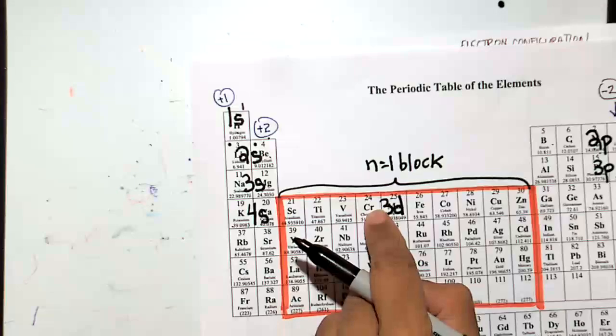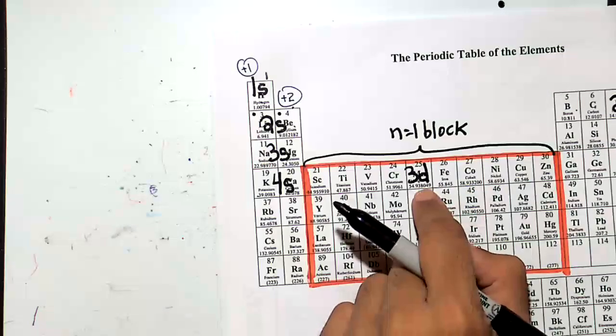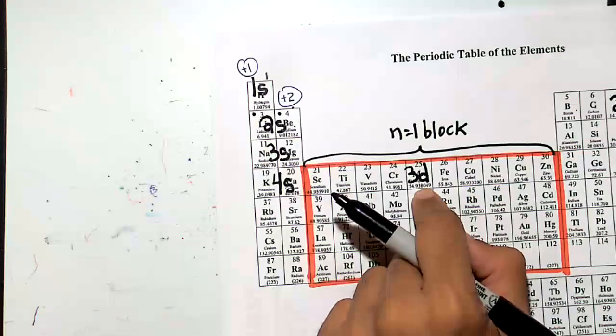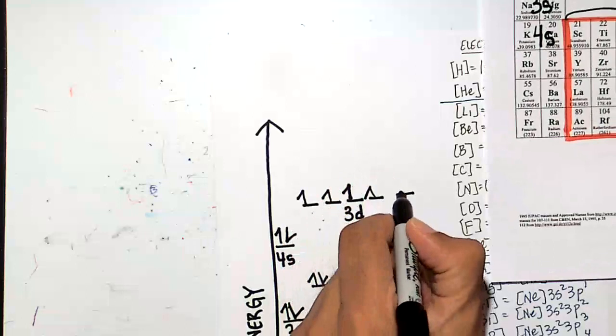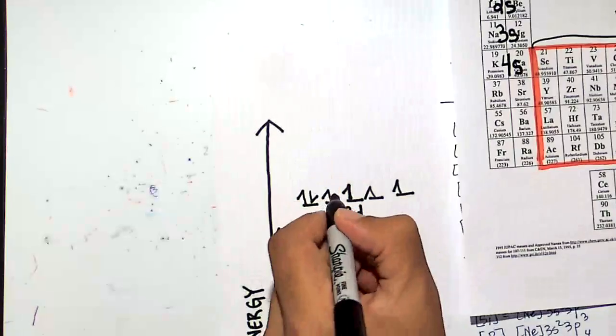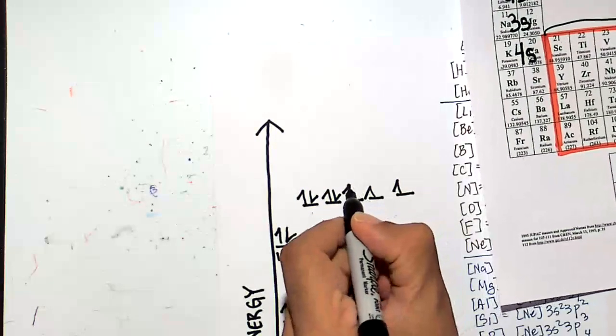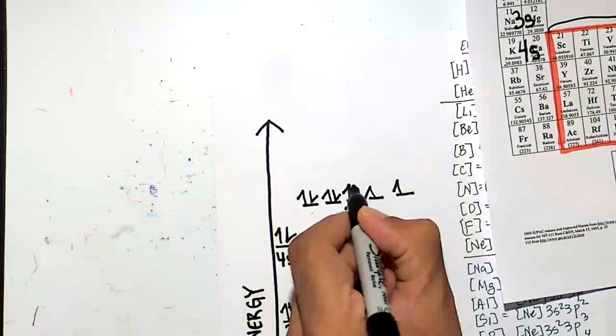Vanadium. Then chromium. Then manganese. Then iron. Everybody likes iron. Then cobalt. Then nickel.